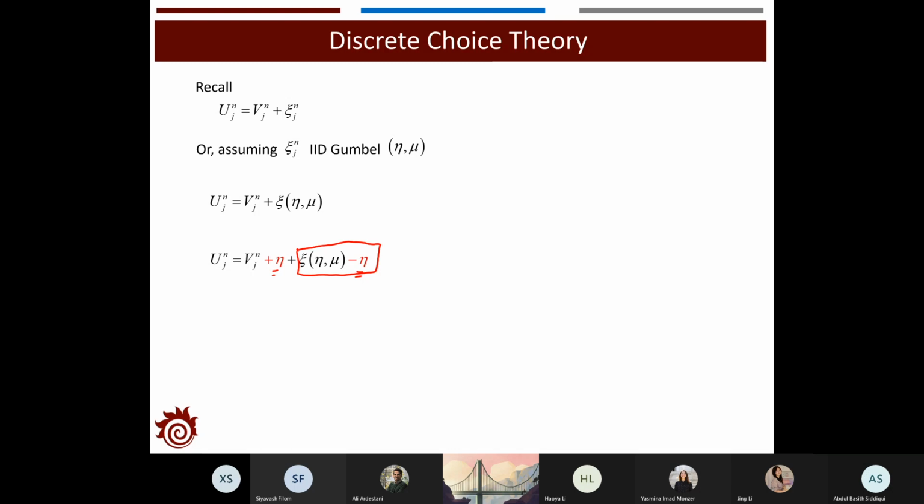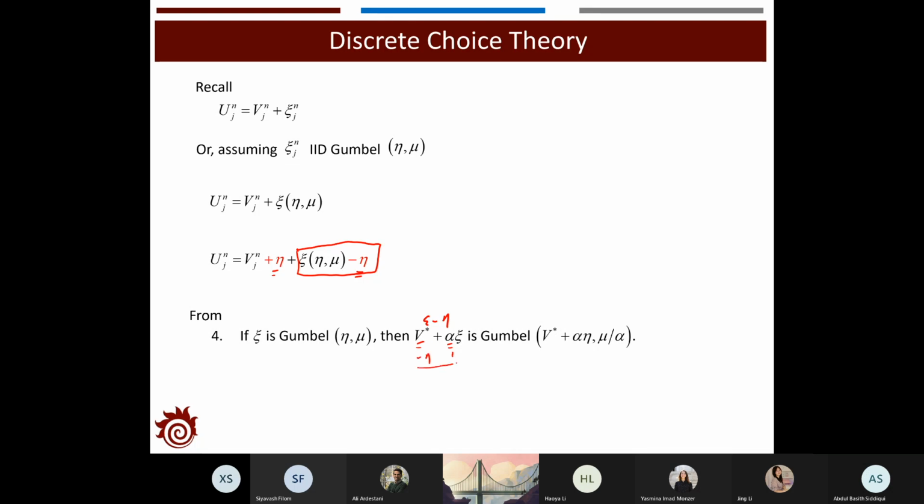If we check property number 4, as we showed previously, this one becomes eta minus epsilon minus eta. So it means that alpha is 1 here, and v star is minus eta.